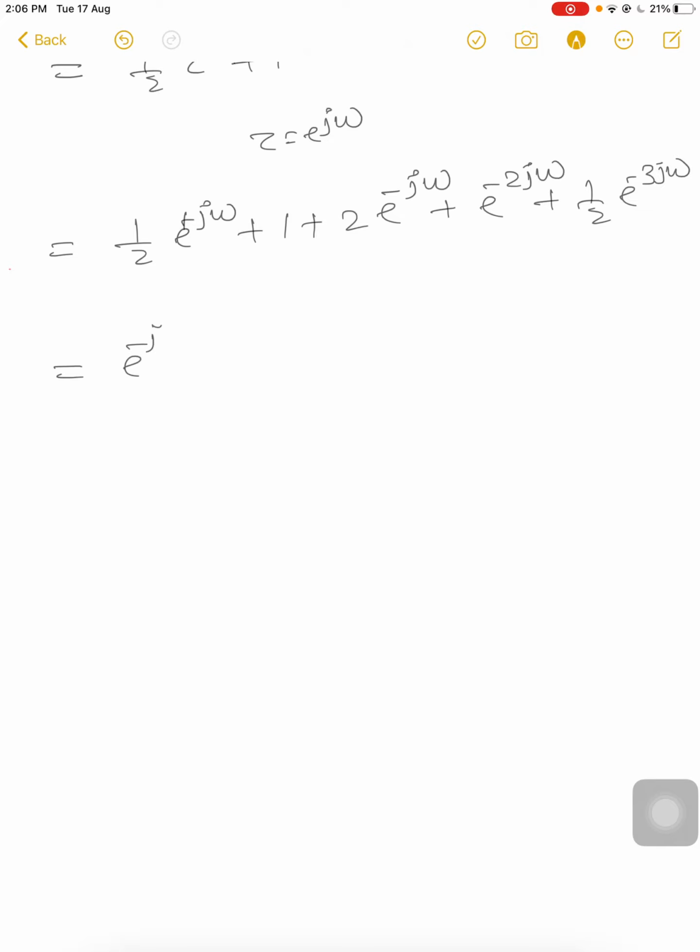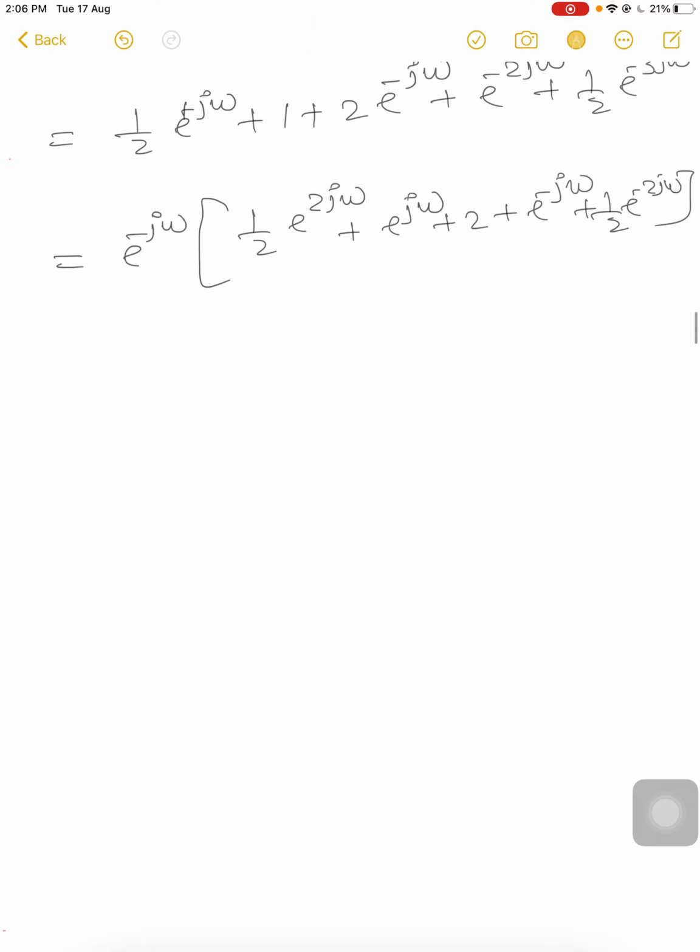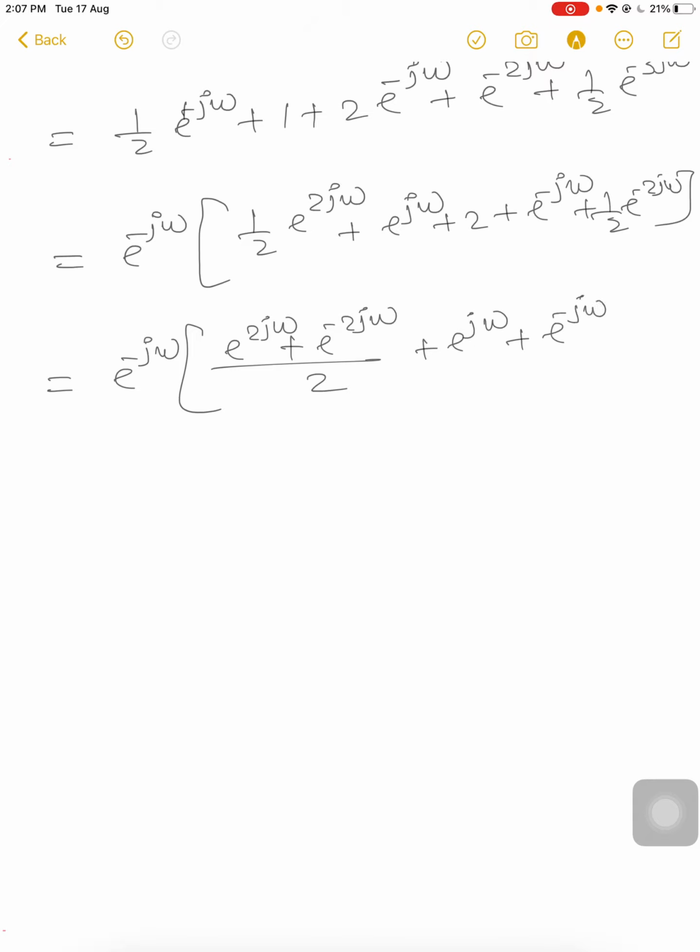And simplify it. You might take out e to the power minus j omega: e to the power j omega, half e to the power 2j omega, plus e to the power j omega, plus 2, plus e to the power minus j omega, plus half e to the power minus 2j omega. That is e to the power 2j omega plus e to the power minus 2j omega by 2, plus e to the power j omega plus e to the power minus j omega, plus 2.